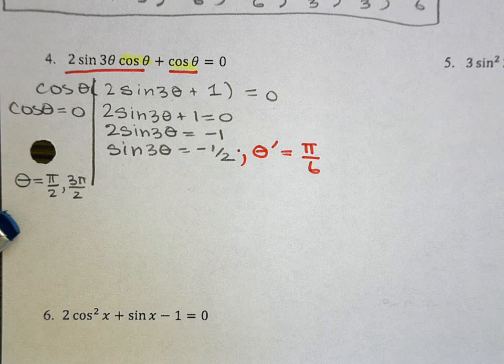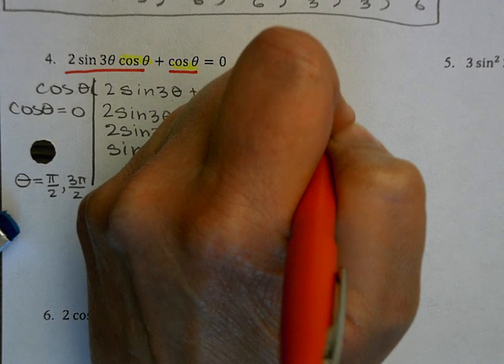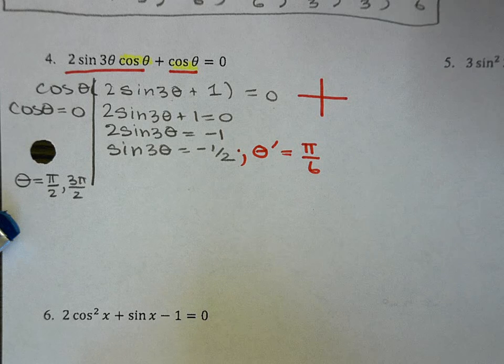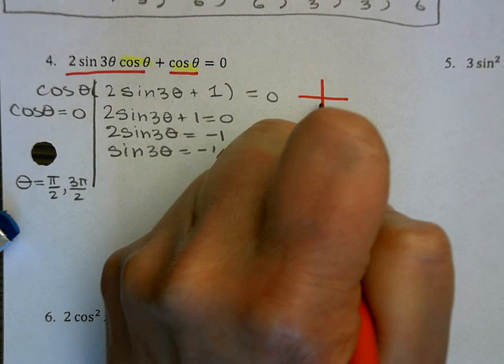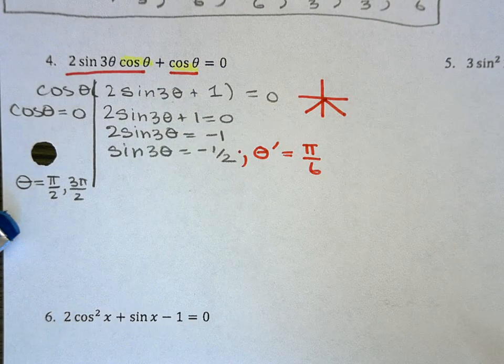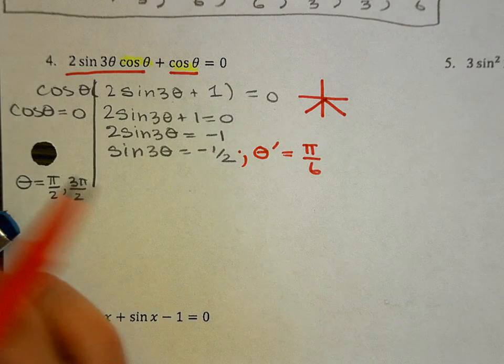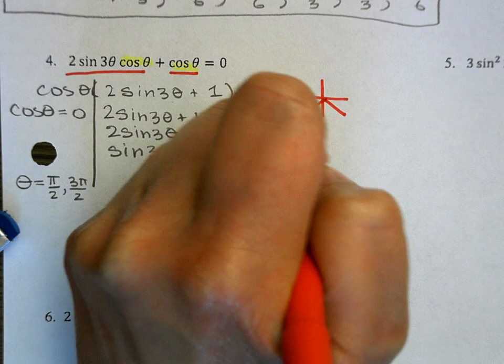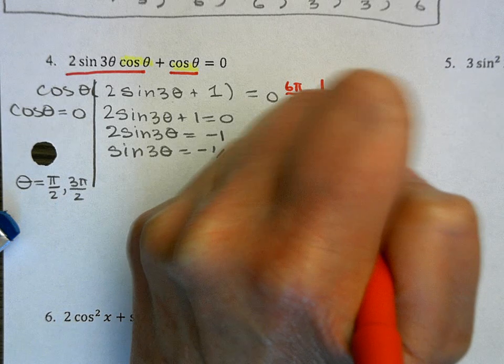And then where is sine negative? I'm going to just do that up here. I know sine is my y value, so it is negative when I go down, so in quadrant 3 and 4. I want to be in terms of 6, so this would be 6 pi over 6 here, and then 12 pi over 6.